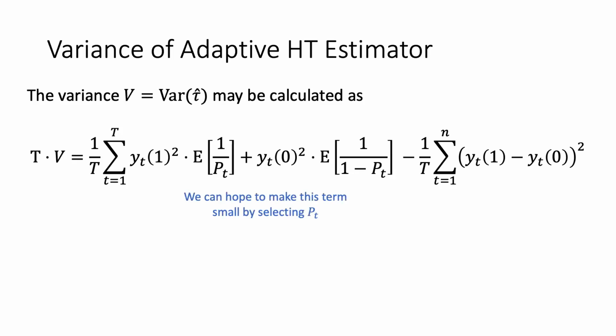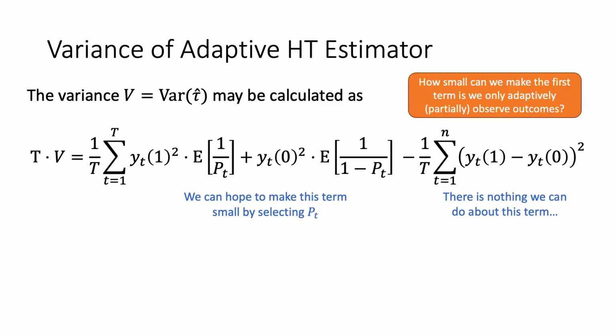And so this term, we can hope to make small by selecting these probabilities in an adaptive way. But this second term, or the 1 over there, there's nothing we can do about that. We just have to take wherever we can get there. Now, what's the idea to making these terms small? Again, if YT1 was much, much larger in magnitude than YT0, I want PT to be much larger, closer to 1.